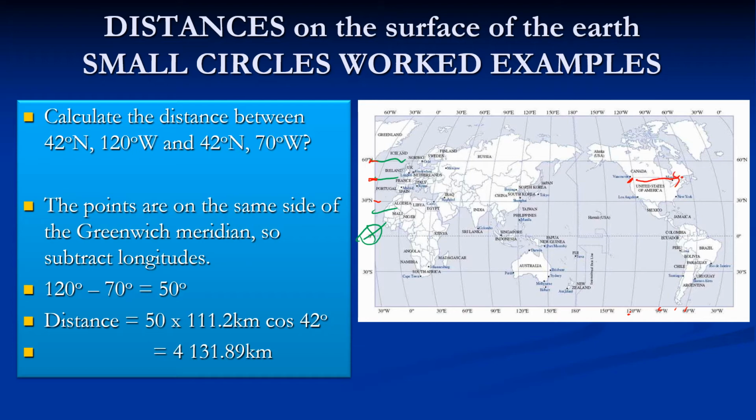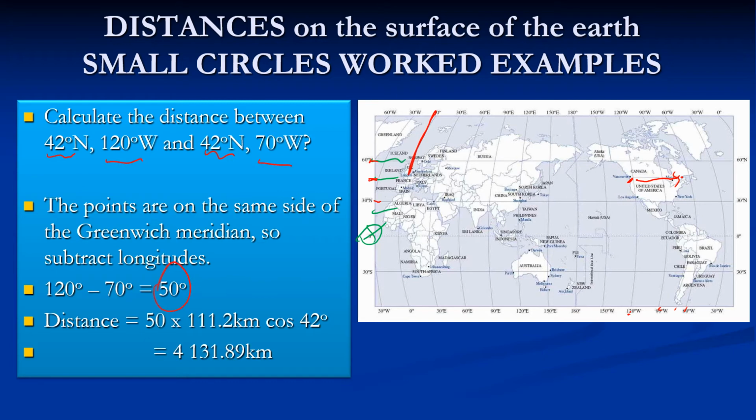So we're travelling from there to there. Now we're on the same meridian, and you can tell because we're on the same side of the Greenwich meridian, the prime meridian, and we are still at 42 degrees north. So we're travelling from west to east. We're travelling east 50 degrees, aren't we? I just said 120 take 70.